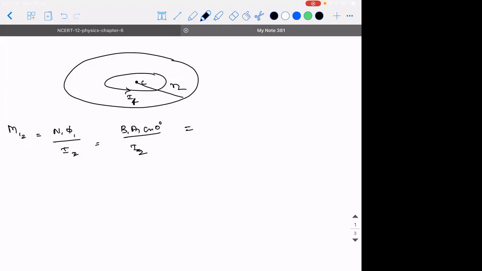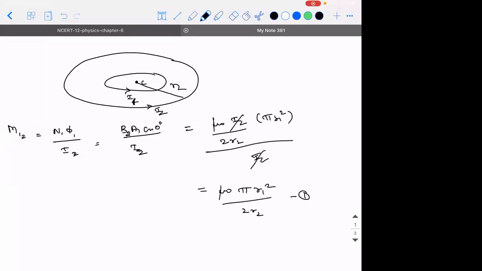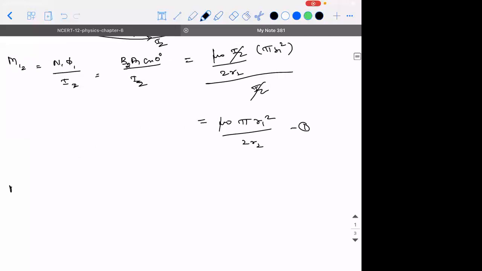So what is the magnetic field generated due to the value of I2? It is actually B2 A1, mu naught I2 divided by 2 times R2 into A1, which is pi R1 square, the whole divided by I2. I2 will get cancelled. Mu naught pi R1 square divided by 2 R2. Let me call this equation number 1.